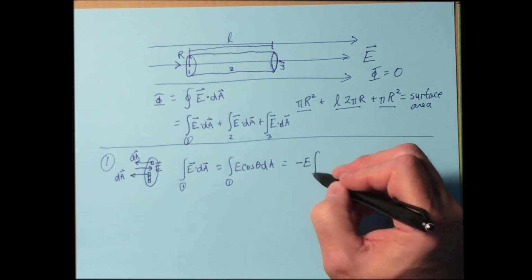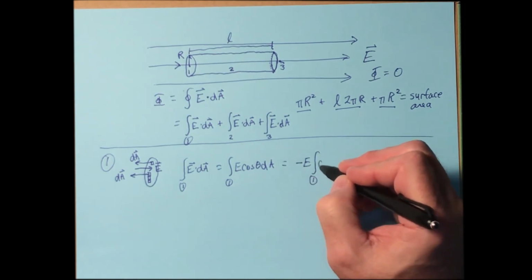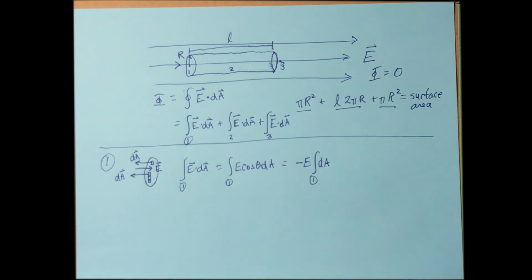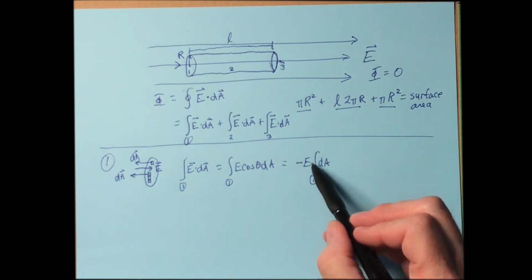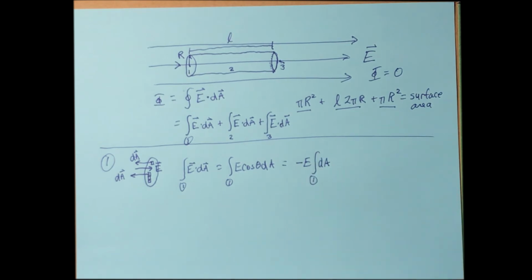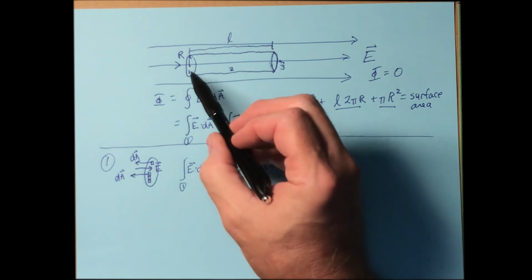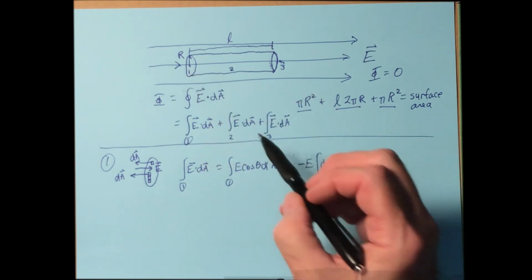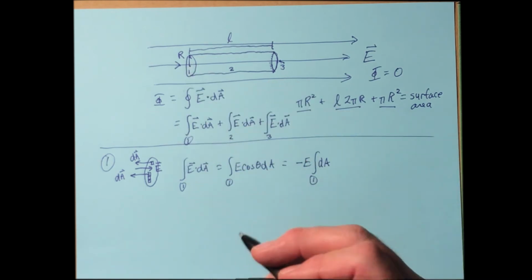And what have we got left? The integral of area 1 dA. Now, rather than go through the steps of evaluating this, just think about what that integral is. That integral is the surface area of area 1. You know what that surface area is. It's a nice circle.